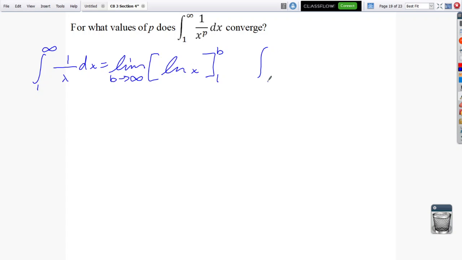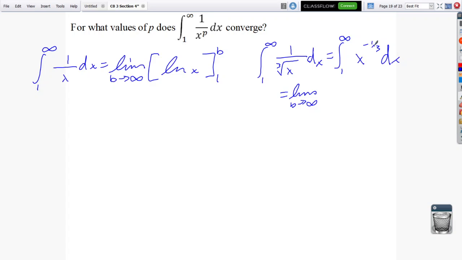Like if I had the integral from 1 to infinity of 1 over the cube root of x dx. Well, I happen to know that the cube root of x can be rewritten, so it's the integral from 1 to infinity of x to the negative 1/3 dx. So when I integrate that, again I'm going to get the limit as b approaches infinity.